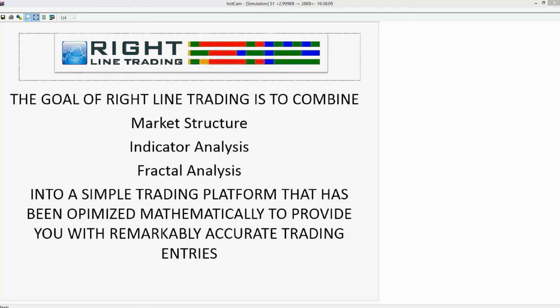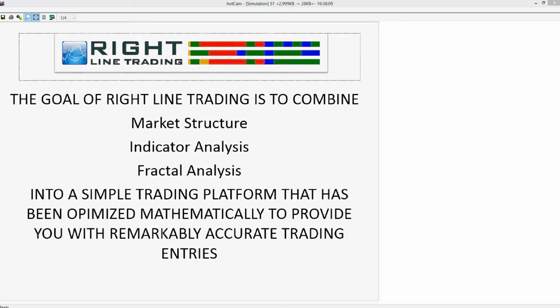So what we do is we have our indicators analyze data from multiple time frames and project them onto your trading chart. Essentially, you're assessing multiple time frames without having the burden of having to look at multiple windows. That's what our indicators do, and they relieve you of that problem.